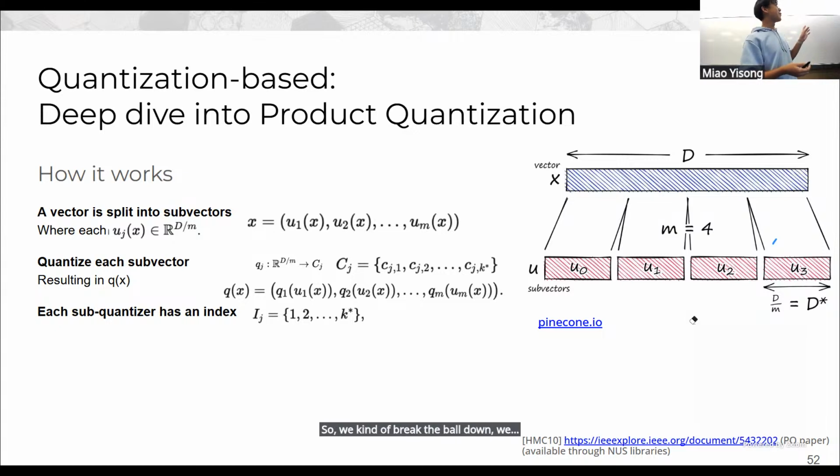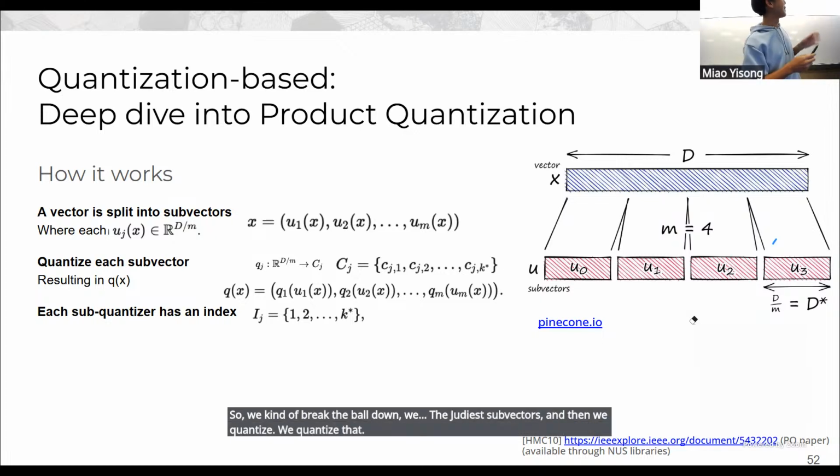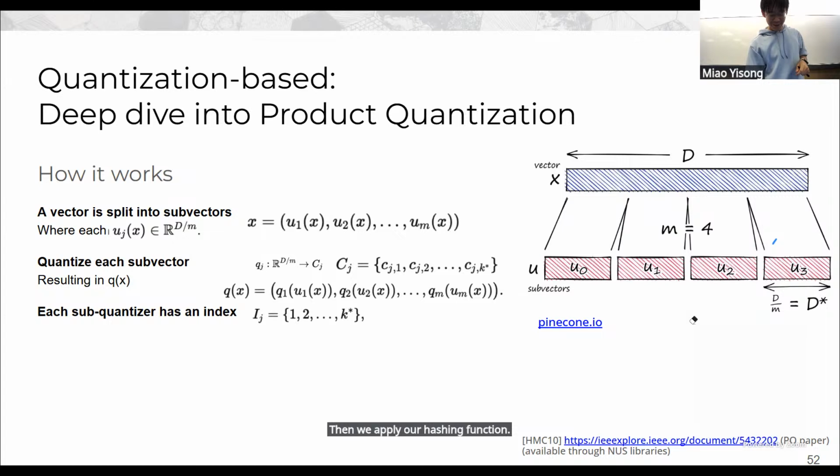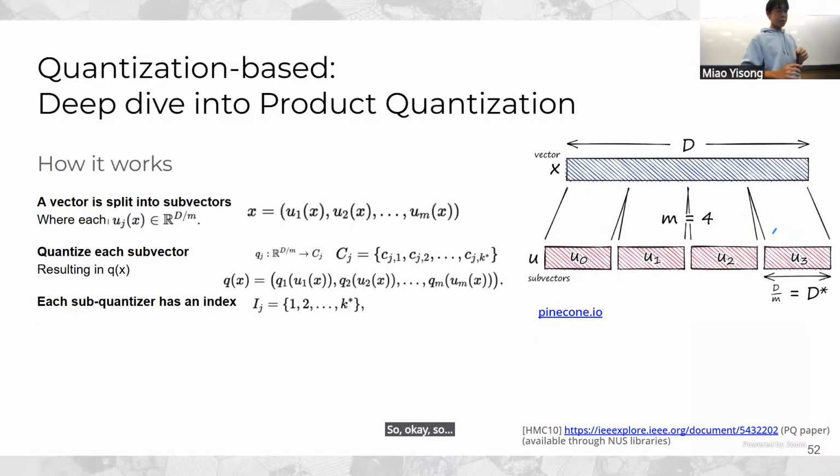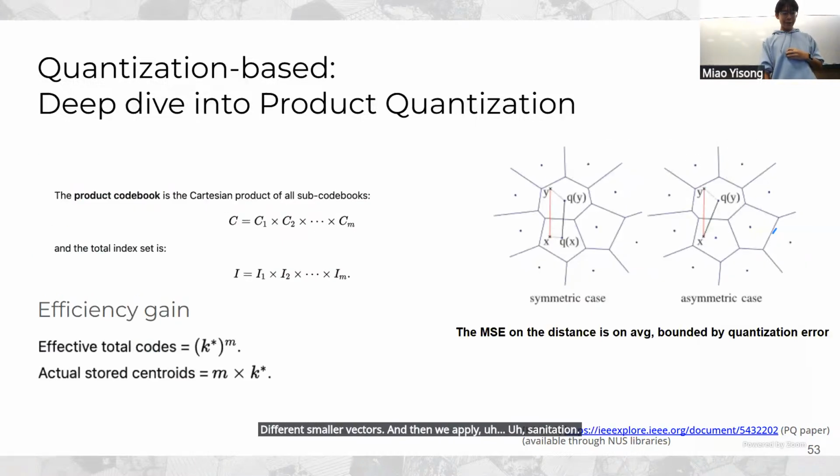We make these subvectors, then we quantize them, then we apply our hashing function. You can imagine that we divide it into m different smaller vectors, and then we apply our quantization.